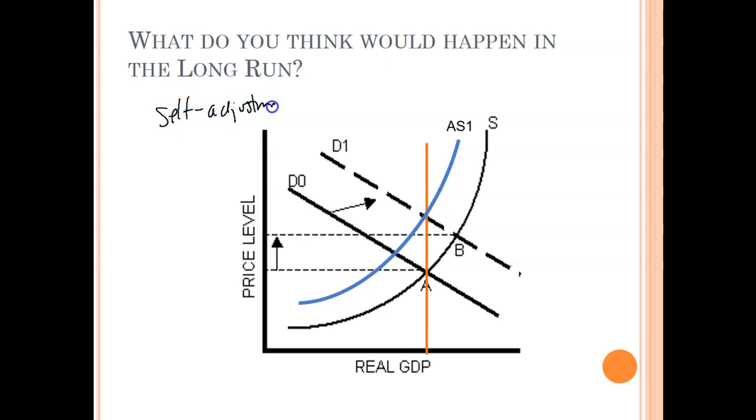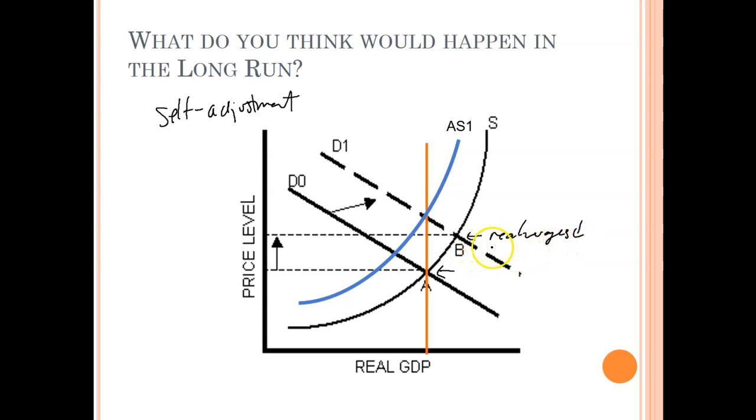Now, why did this occur? Again, a reminder is that the aggregate supply shifts as resource prices, workers' wages, electricity, other resources, whatever else, adjust to inflation. Last time they were adjusted was down here at point A. But now, inflation's at point B, so all the real wages are currently decreased. So what's going to happen?